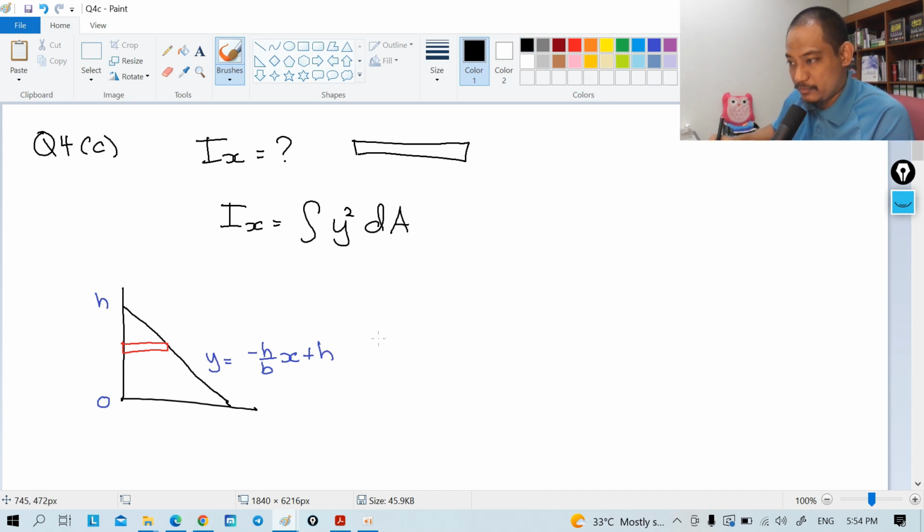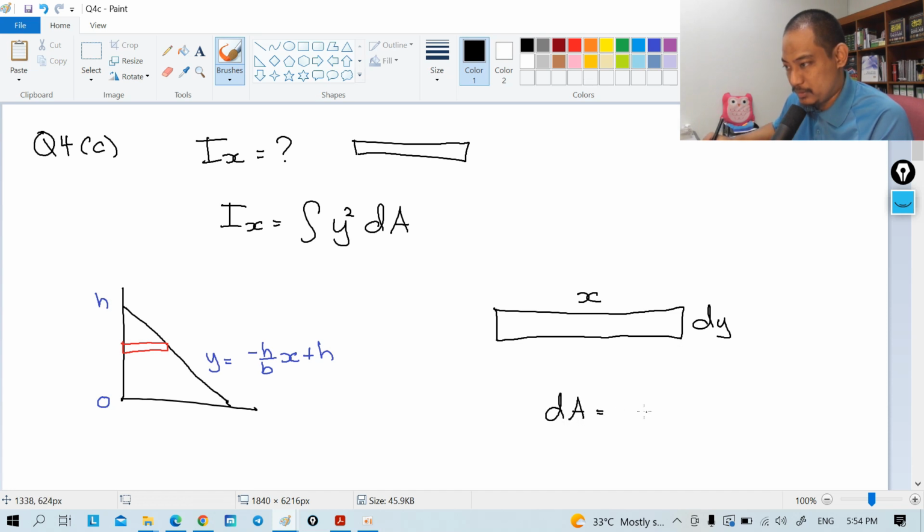In terms of the element, what do we need? We need dA, right? The length is x, and this is dy. So dA is simply x dy.